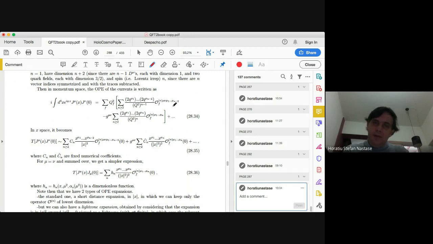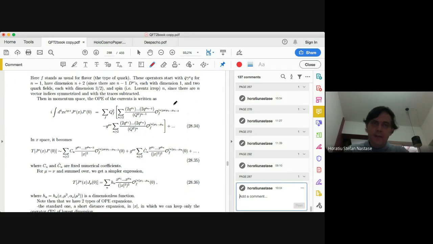This operator has dimension n plus 2, as we said, whereas this thing has dimension, okay, the current has dimension 3, 6 minus 4, 2, dimension 2.